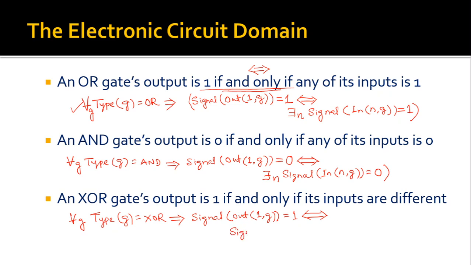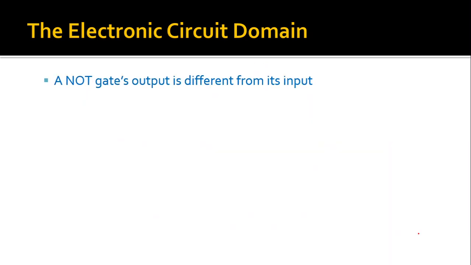So signal in 1 G is not equal to the signal in the second input terminal, right? So this is how we can define the property of the XOR gate.